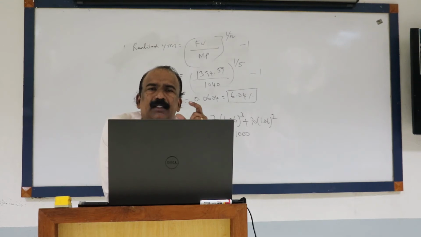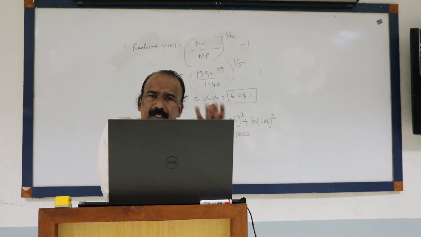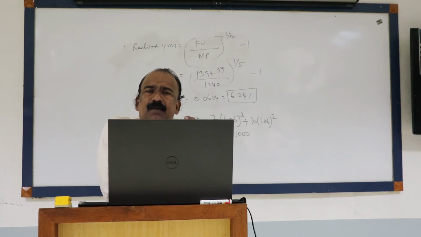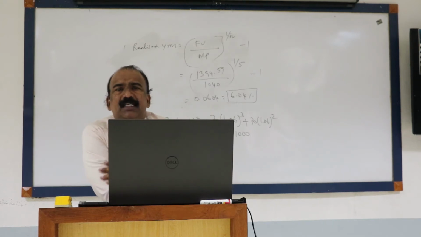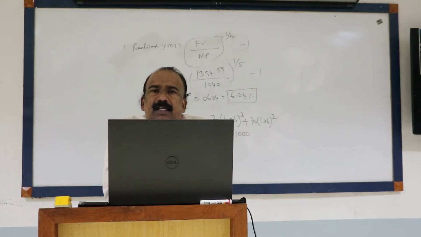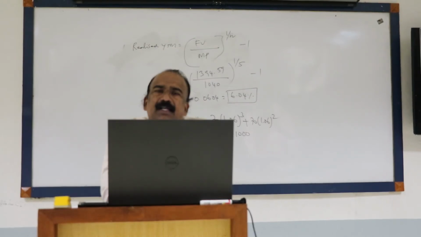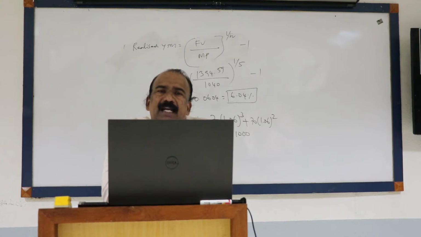So in short, the realized YTM is the rate at which the future value of the reinvestment and the market price are equal. If he is reinvesting at the same yield, the same YTM, then realized YTM and YTM are equal. But in reality, the investor is usually spending it. He may not reinvest, because he is receiving the interest for his personal needs.